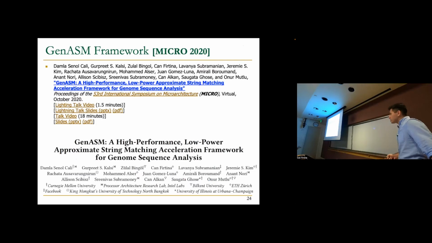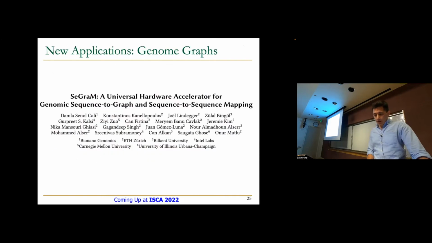Genome is another work that we published from our group. This was presented in MICRO 2 years ago. We developed a hardware-software co-design for performing approximate string matching using the BiTAP algorithm. And we show that Genome can provide significant speedups and also energy improvements compared to state-of-the-art read mappers.